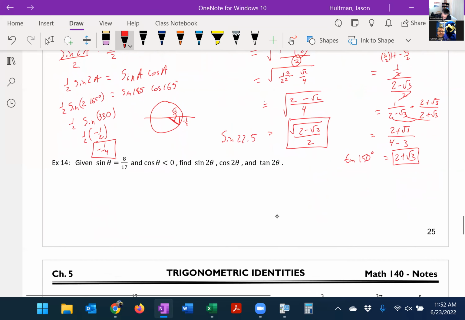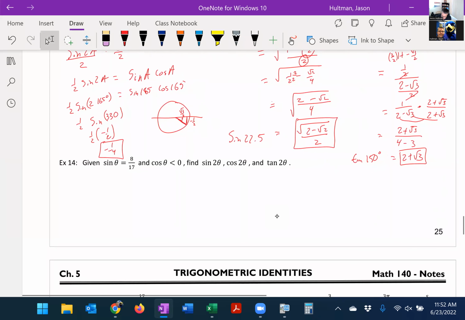Okay, let's look at the next one here. Given sine of theta is equal to 8 over 17, and the cosine is negative. The sine is positive, and the cosine is negative. So where does that occur? That's in the second quadrant.